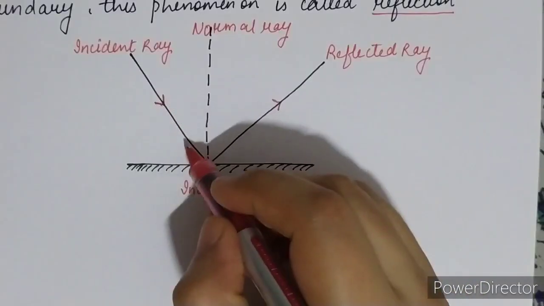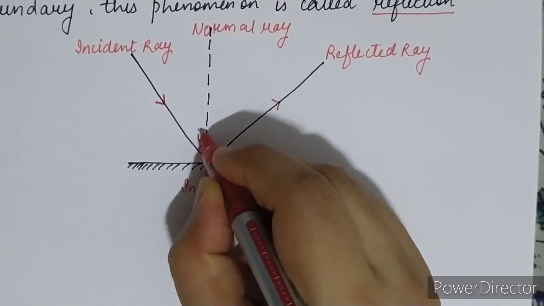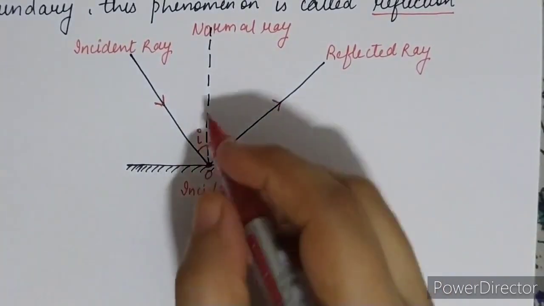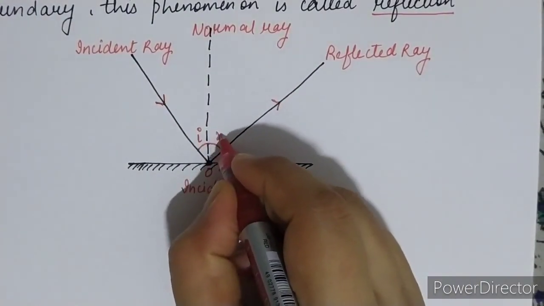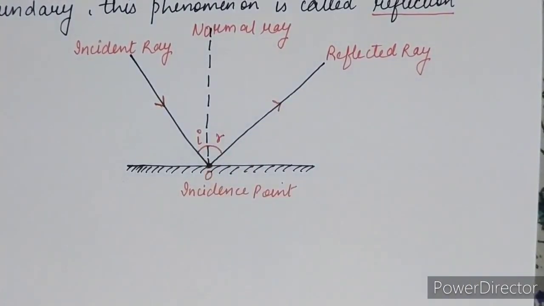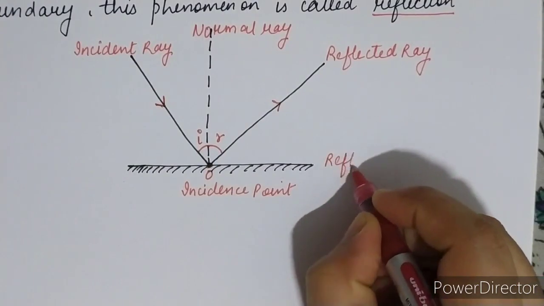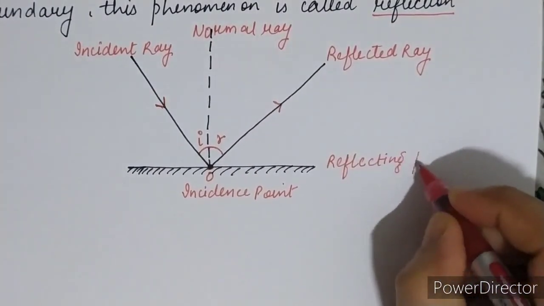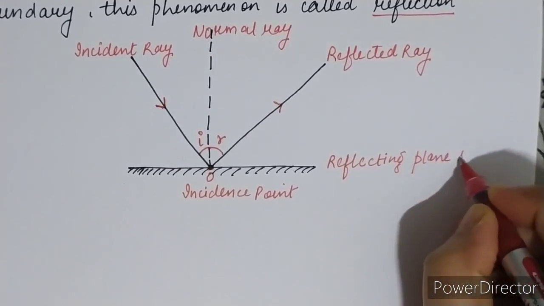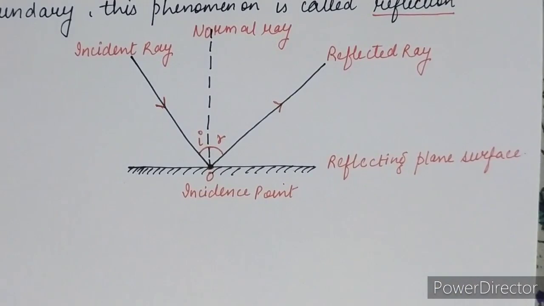The incident ray makes an angle with the normal ray, that is angle I, the angle of incidence. The reflected ray makes an angle with the normal ray, that is your angle R, the angle of reflection. And this is your reflecting surface, a plane reflecting surface. Why am I indicating the plane surface here?